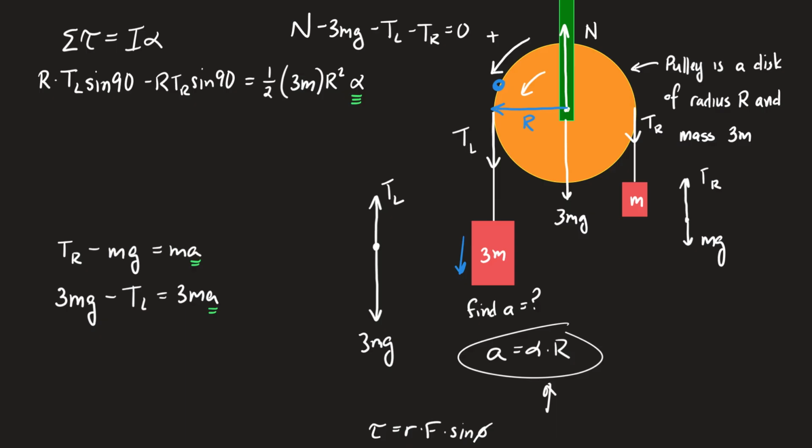Okay. So I'm going to make a substitution, and I'm going to reduce this relationship down. First, I'm going to get rid of all the sine 90s. They're just in the way. And I'll get r times TL minus r times TR equals 1/2 times 3m times r squared times a over r. That's a lot.